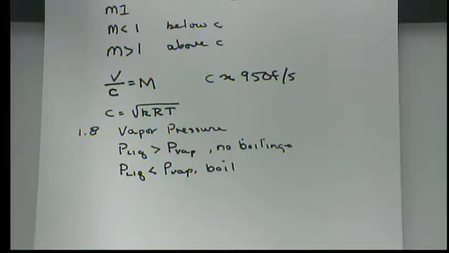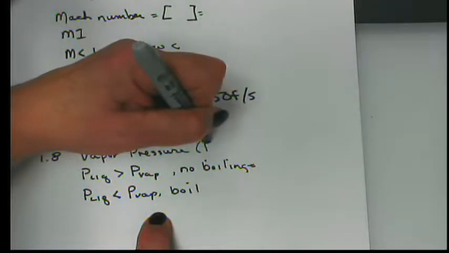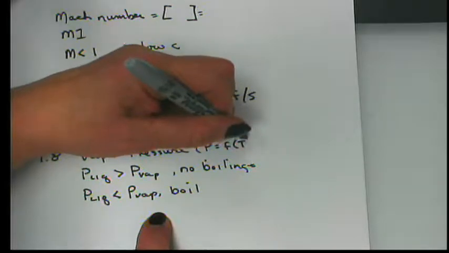So some fluids, water of course, if we're at atmospheric pressure, boils at 100 degrees centigrade. And if we decrease the pressure, it will boil at a lower temperature. So here in Powell, Wyoming, where we are at a higher elevation and therefore a lower atmospheric pressure, water doesn't actually boil at 100 degrees centigrade. It actually boils at a lower temperature. So vapor pressure is a function of temperature.